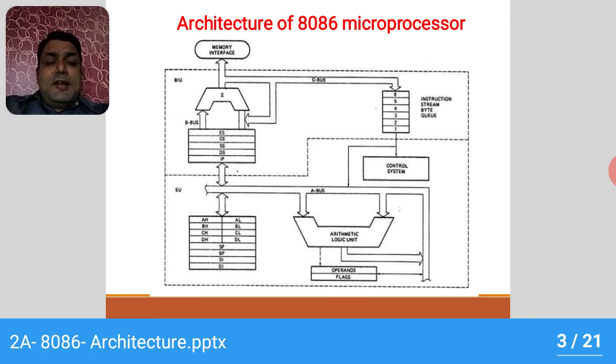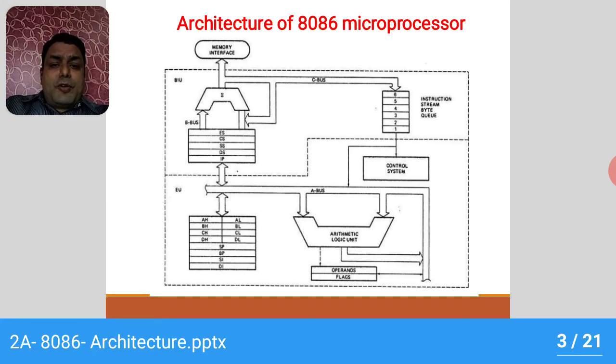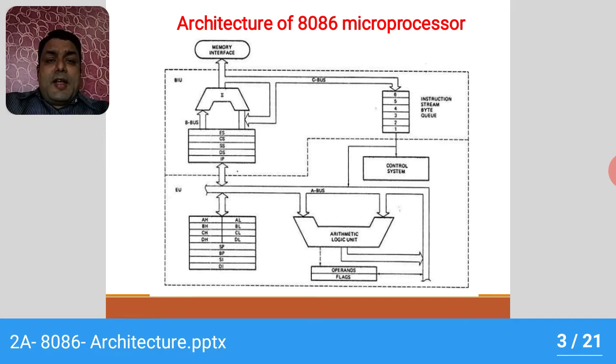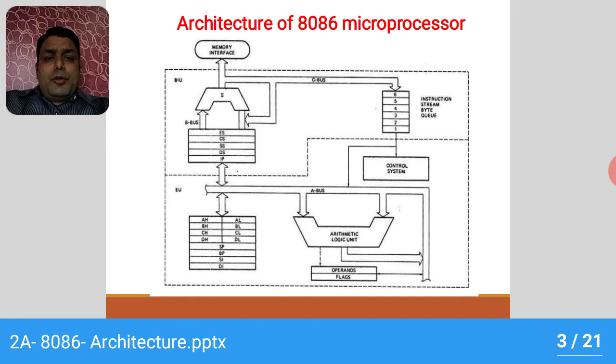Now let us see the execution unit. The execution unit of the 8086 tells the BIU where to fetch instructions or data from, decodes instructions and executes instructions. The execution unit has control circuitry which directs internal operations.